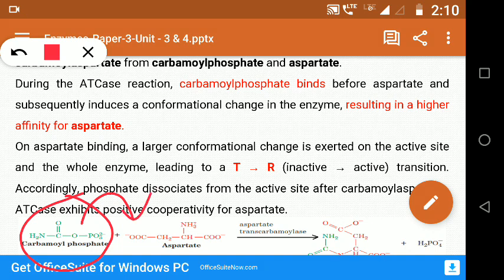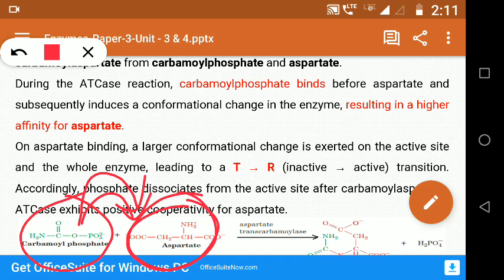The binding of carbamyl phosphate to the active site of the ATCase enzyme induces a conformational change in the enzyme, which results in a higher affinity for aspartate. So the binding of carbamyl phosphate to the active site is inducing the binding of aspartate.